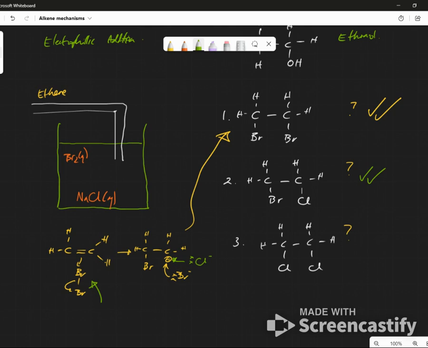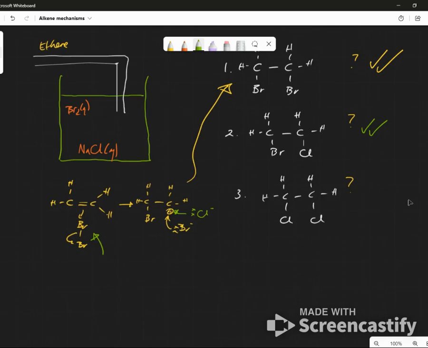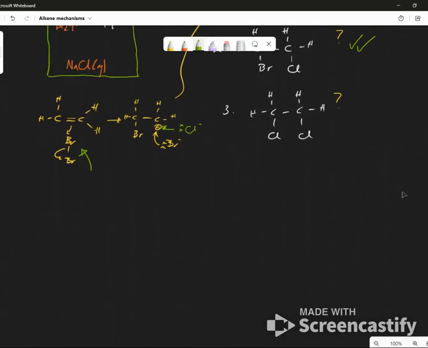But is number 3 possible? What do you think? Can I get 2 chlorines on? And this is where your understanding comes in. Number 3 is the hard one. We cannot, Damani, we cannot get number 3 because to get number 3, what would have to attack the double bond to get number 3?